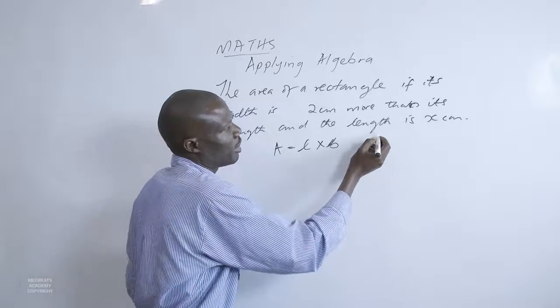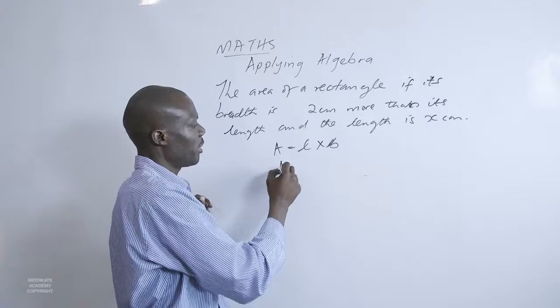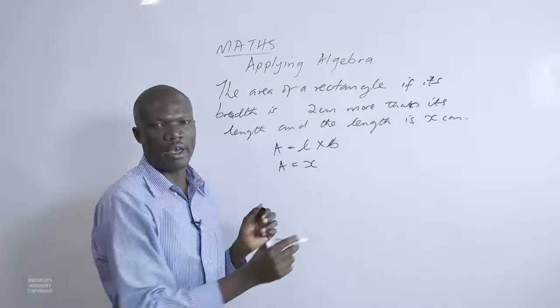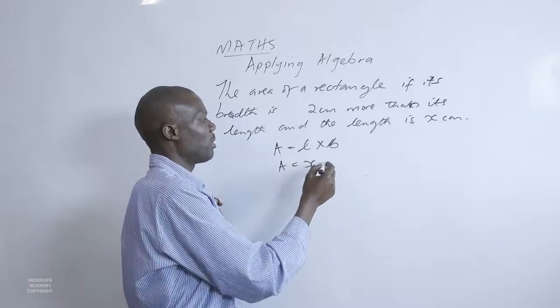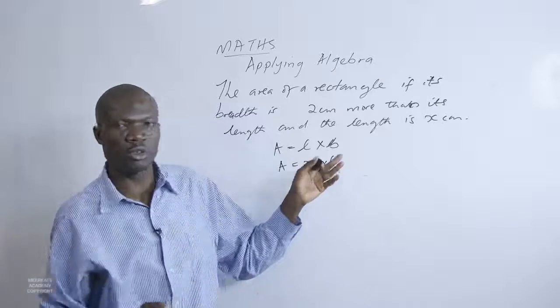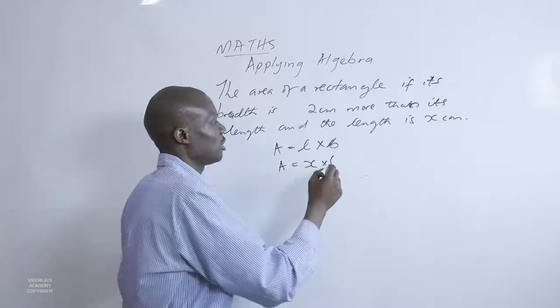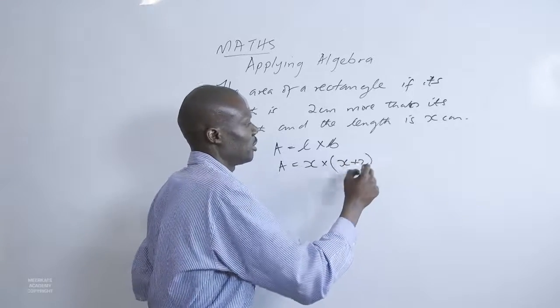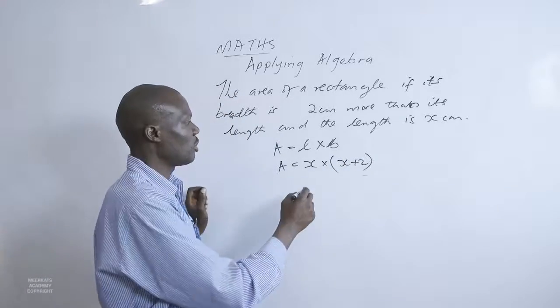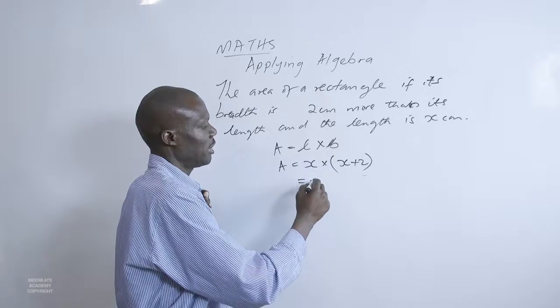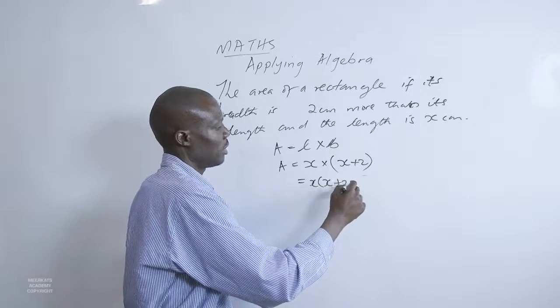And we've been told the length is x, so area here is simply x multiplied by breadth, and breadth we've been told is simply 2 centimeters more than its length. So this is x plus 2. This one will give us the area as x into x plus 2.